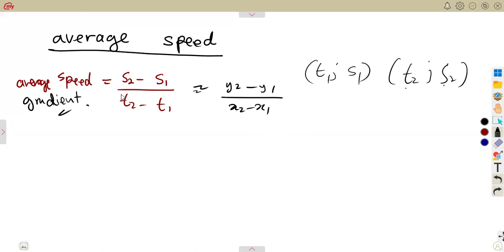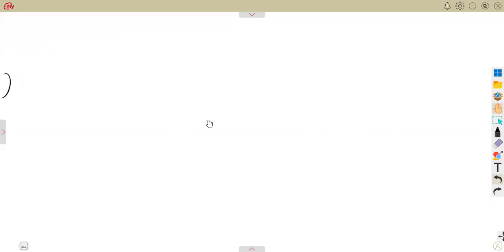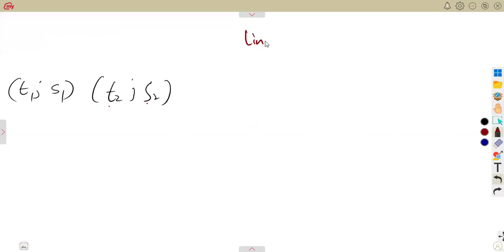So when you are given, let's say, an object which is just given on a linear function. This is when you are given that part of a quadratic function. So on a linear motion, consider a linear motion.